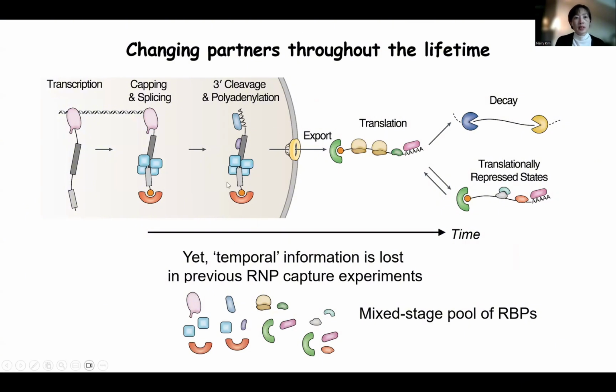So at each stage, they have a unique set of RBPs that are critical for the processing and activity of mRNA. However, this temporal information is lost in previous RNP capture experiments, resulting in a mixed-stage pool of RBPs stripped of temporal information.